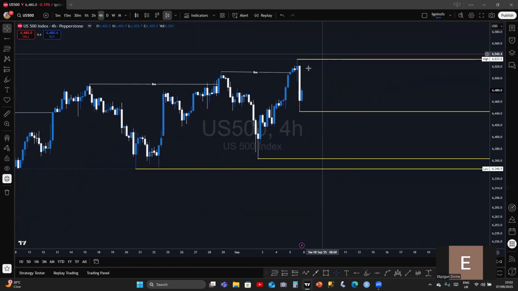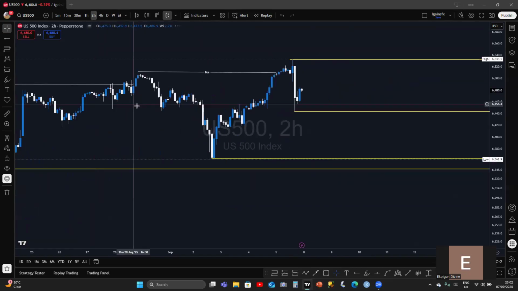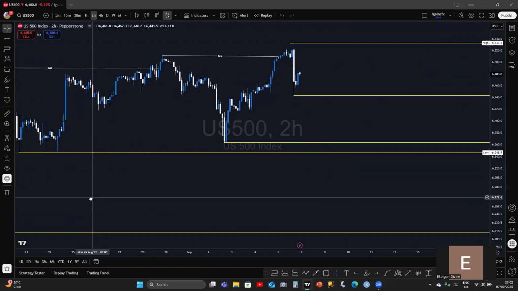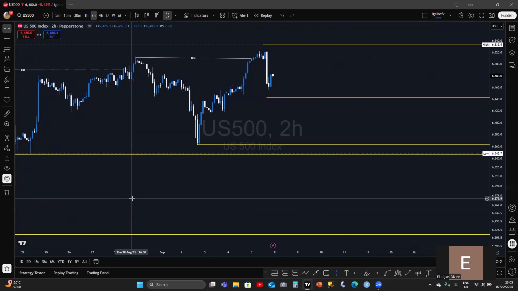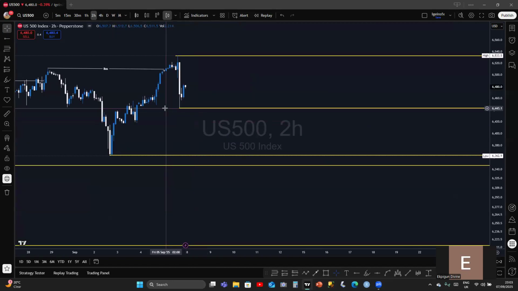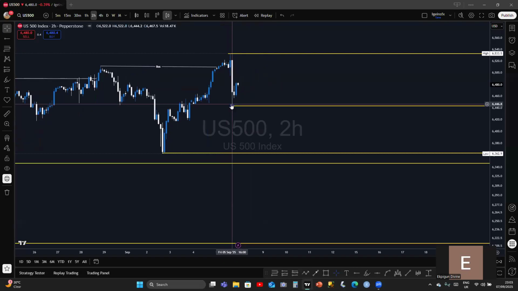Now if you want to go further, you scale down to 2 hours. If you look at this 2 hours, you now see that the price has started going up.